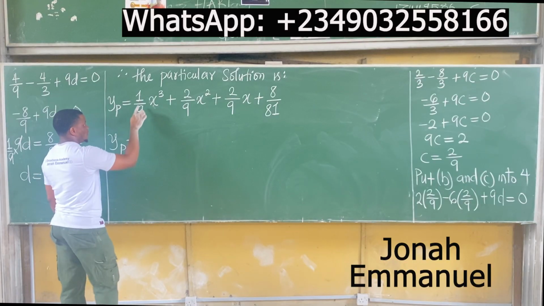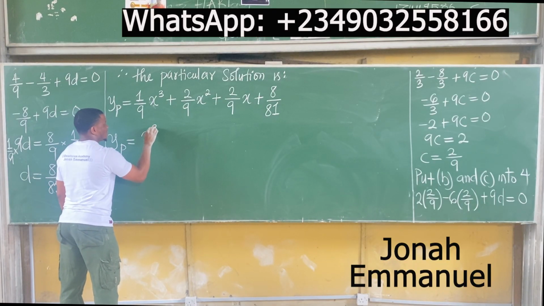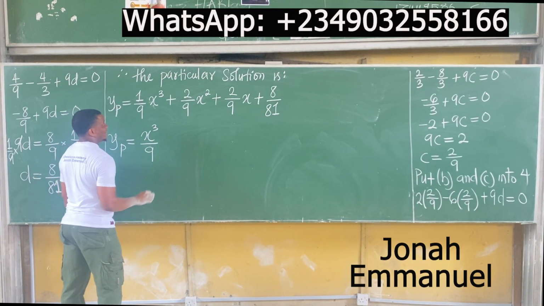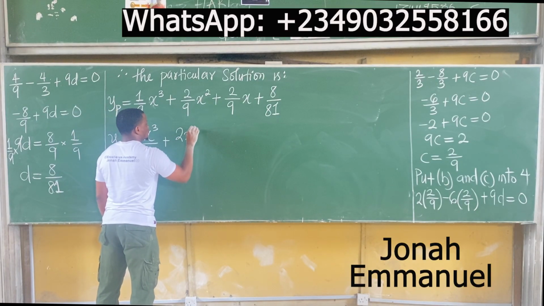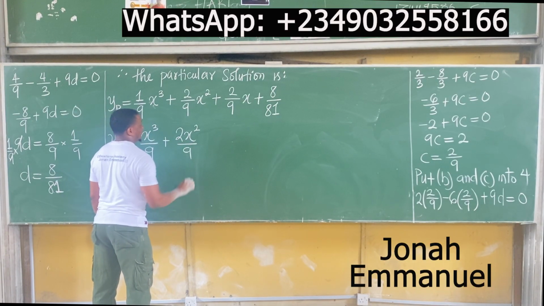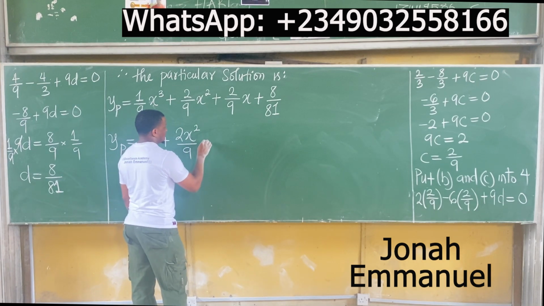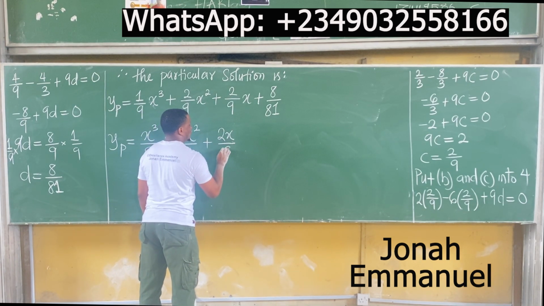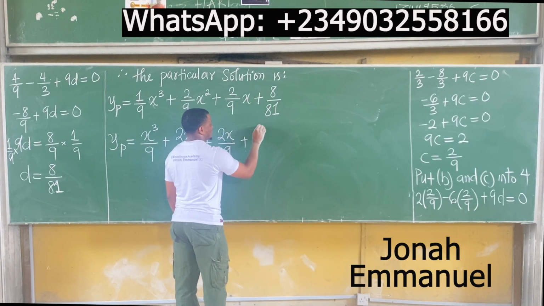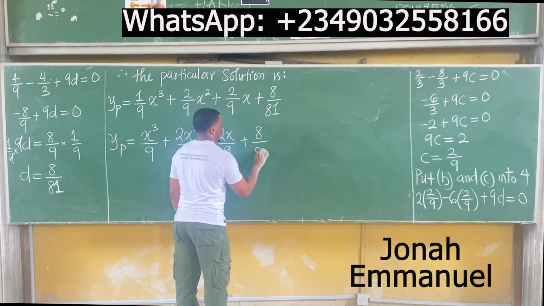From here, YP is equal to x cubed over 9 plus 2x squared over 9 plus 2x over 9 plus 8 over 81.